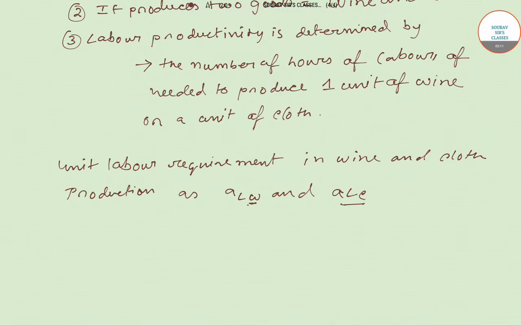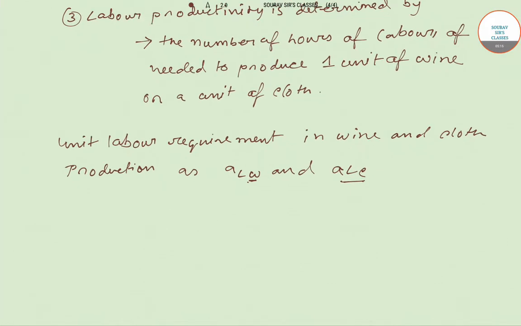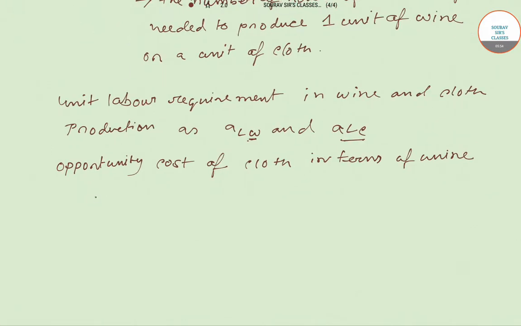Now thus the opportunity cost of cloth in terms of wine is ALC divided by ALW.